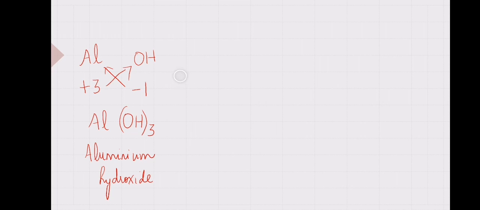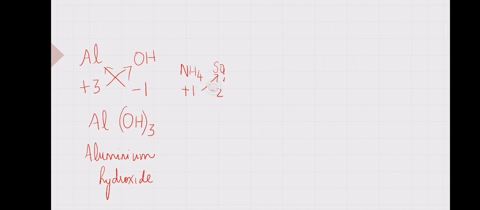Okay. Let us go for ammonium sulfate. For ammonium, the symbol is NH4. For sulfate, it is SO4. For ammonium, it is plus 1. For sulfate, it is minus 2.